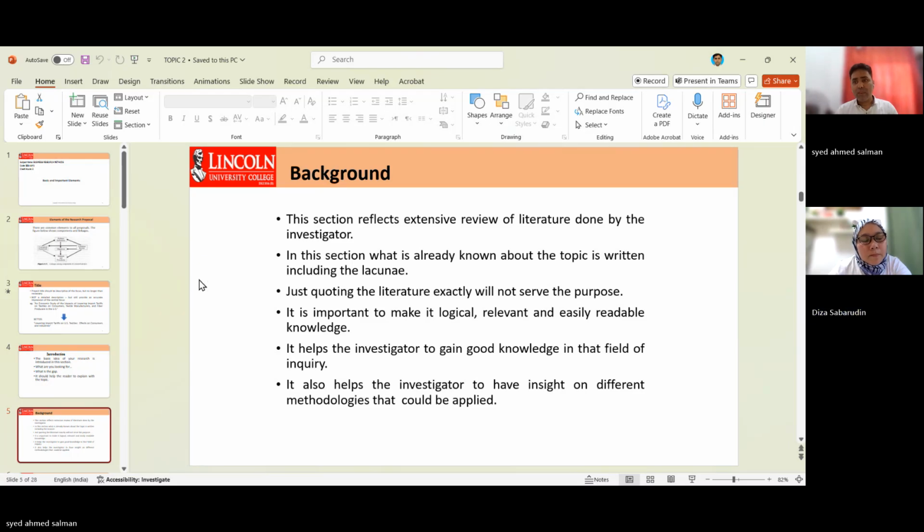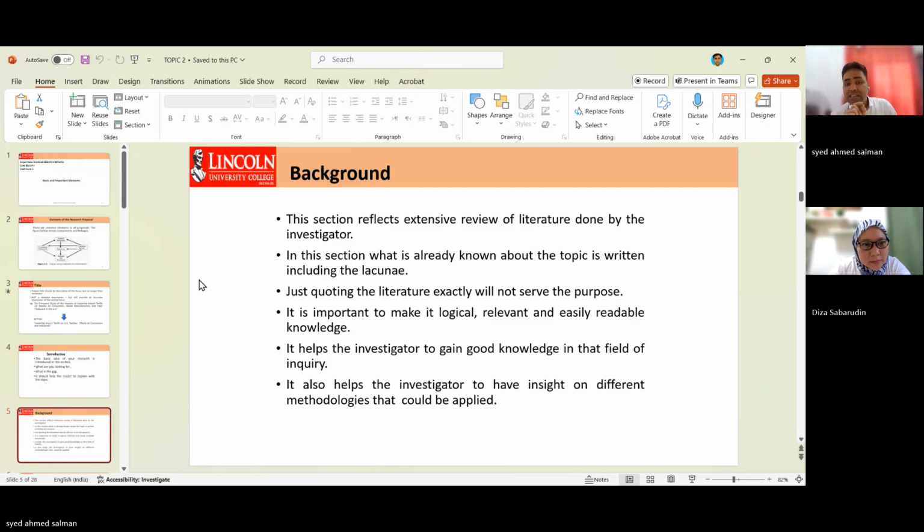So, in what is already known about the topic, lacuna means the research gap. Just now, whatever I told you, I have included the lacuna as well, right?